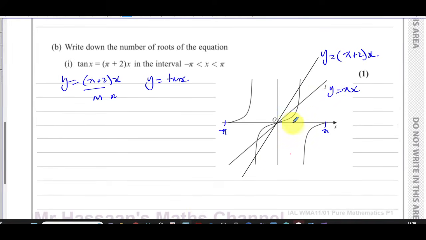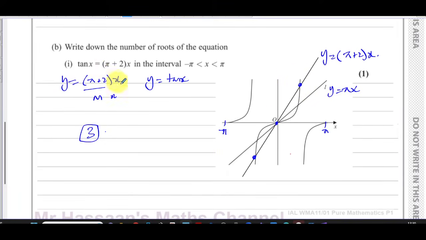On this side, this curve is going to go up again. They're going to intersect somewhere again, but between minus pi and pi, there are only these 3 places where they intersect. 1, 2, and 3. So the answer here is going to be 3. There are 3 intersections, therefore there are 3 roots. The number of intersections is the number of roots.